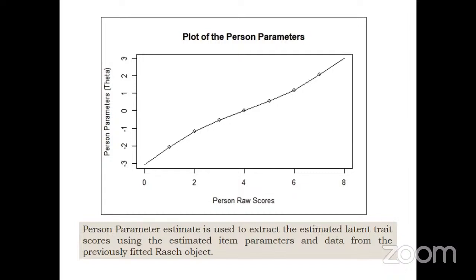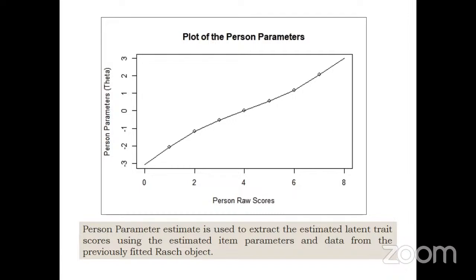So for each raw score, you get the person parameter level or theta level, and you can directly compare people. For example, someone who obtains a score of 2 and someone who obtains a score of 3: on the basis of the raw score, you can say there is a difference of 1 unit.